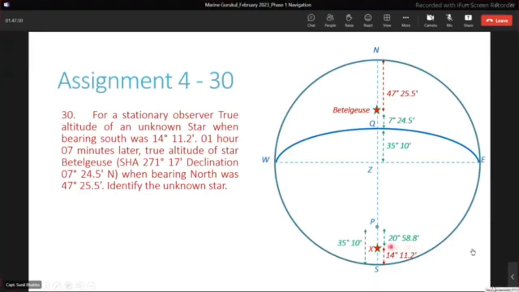So I get the polar distance of the unknown star, and 90 minus polar distance gives me the declination of this particular star. The declination will be south because we can see the star is 20 degrees away from the south pole. So 90 minus this gives me the declination. I get the declination of the star as 69 degrees 1.2 minutes south.